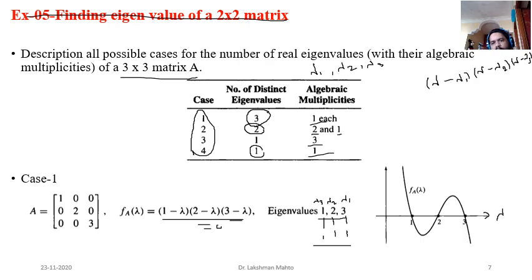This is the plot of the characteristic polynomial. It is cutting the horizontal axis at 3 points. The first point is this one, the second point is this one, the third point is this one. These are 1, 2, and 3, the roots of the characteristic polynomial.